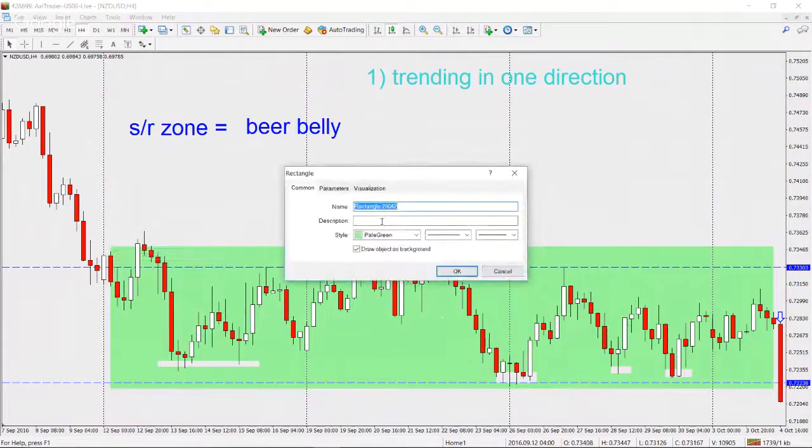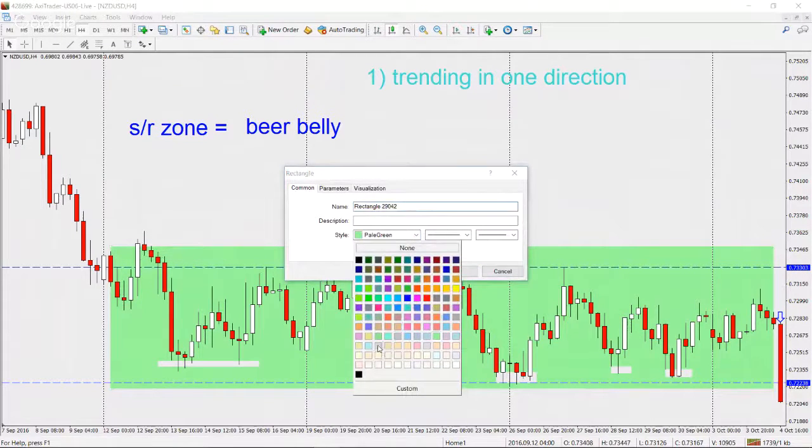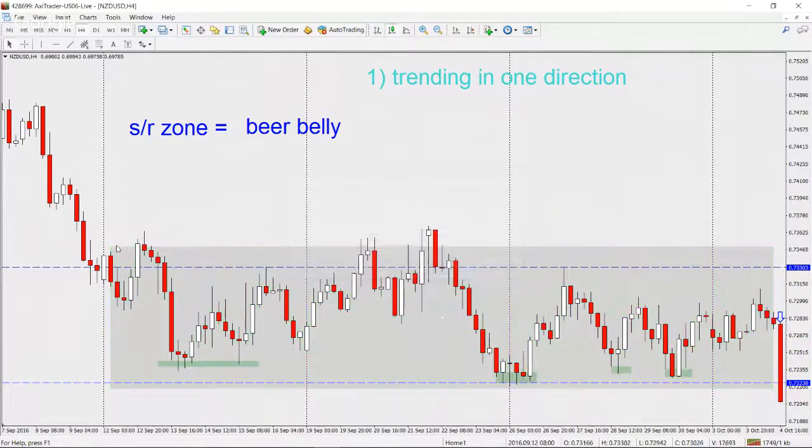Okay, so we'll make this giant gray box of consolidation. I think that a lot of people might accept that. And depending on where you put the top and the bottom, it's going to vary a little bit, but essentially it's going to look something like that. So it's trending in one direction.